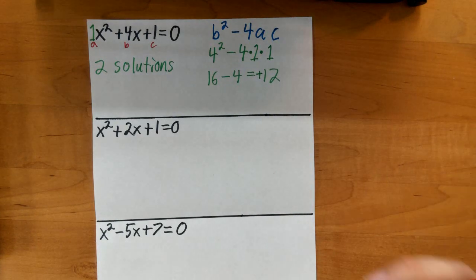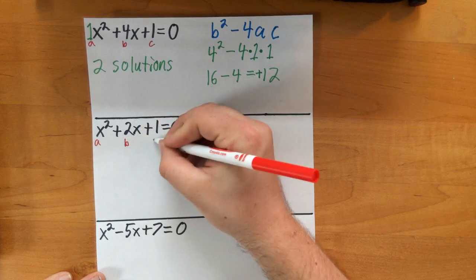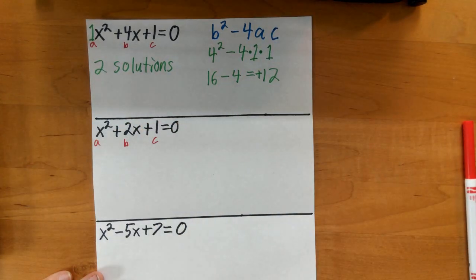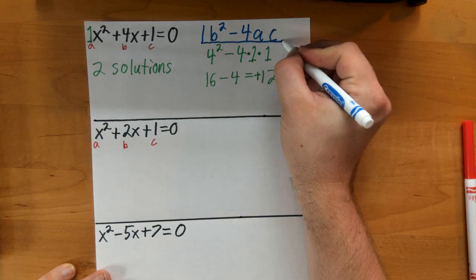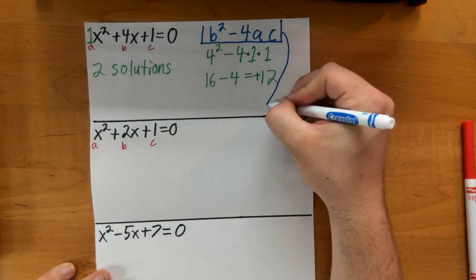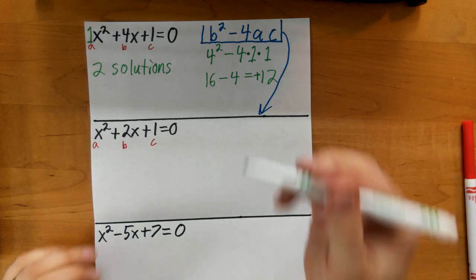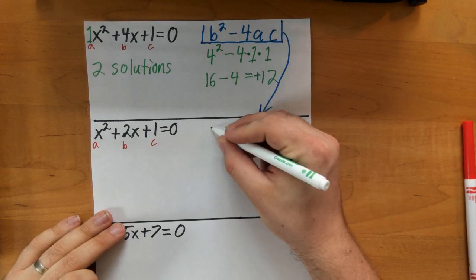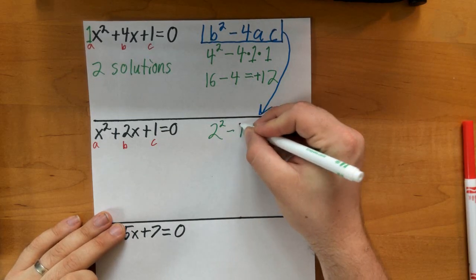Here, let's take a look at this again. So I have a new quadratic equation here. Again, I'm just going to label my a, b, and c values. I'm still using this expression here. This is the discriminant that we're using here. Okay? So this time my b value is 2. So I have a 2 squared minus 4.